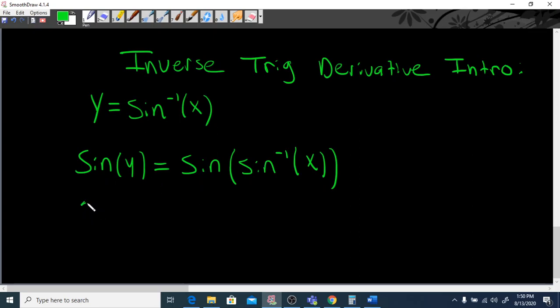So we wind up with the following: basically the sine of y equals x. And the only thing you have to keep in mind is that y can only be from pi over 2 to negative pi over 2.